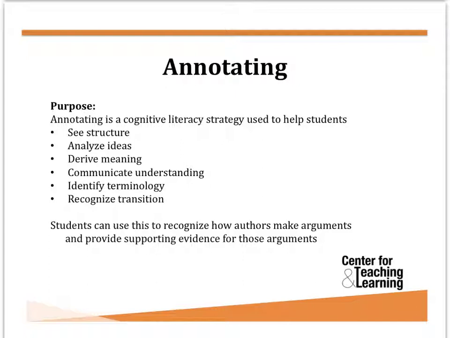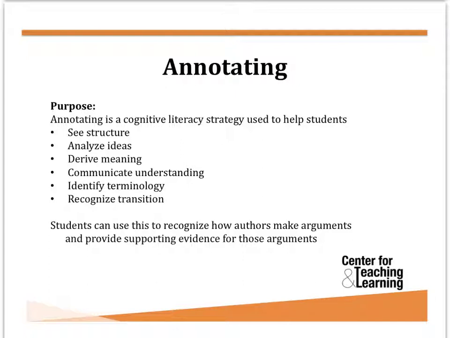Once students learn to read critically at four different levels, next there are important note-taking skills that can help advance their critical reading and engagement levels. The first note-taking strategy is called annotating. The purpose of annotating is to see an internal structure, develop and analyze ideas, derive meanings, and communicate understanding and terminology, as well as recognizing transitions within a reading material.